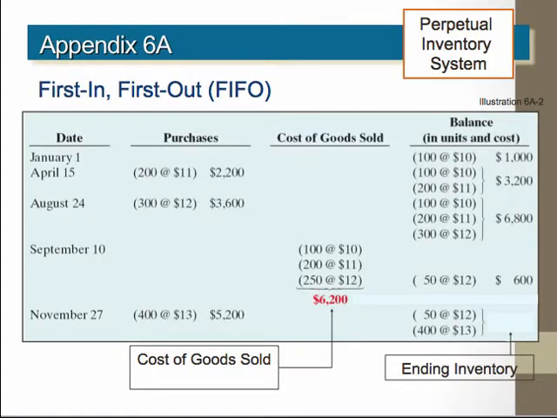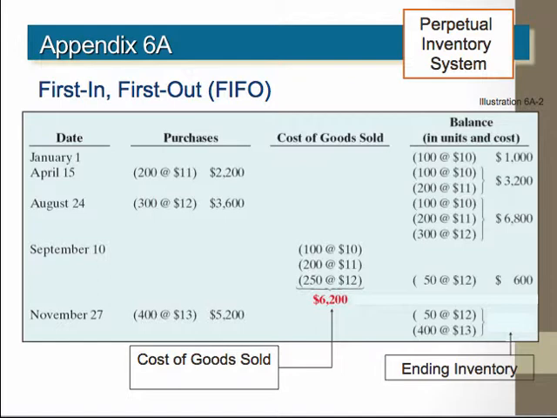If we were to use FIFO, the January beginning inventory of 100 items at $10 would give us a balance of $1,000. When we do the purchase in April of 200 items at $11, or $2,200 in purchases, our balance of inventory on April 15th includes the 100 items that we purchased at $10 in the beginning inventory plus the 200 items at $11.